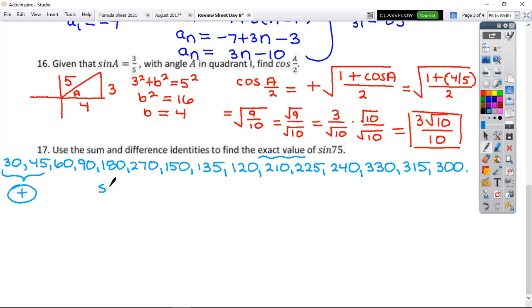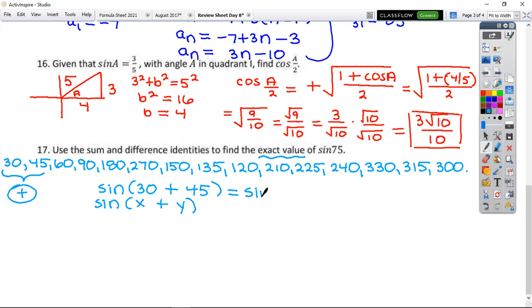So we're going to do the sine of 30 plus 45. So that means on your formula sheet, you need to find the formula that says the sine of x plus y. All right. So your formula for sine of x plus y is the first one in the 4th box. So this is sine x cos y.